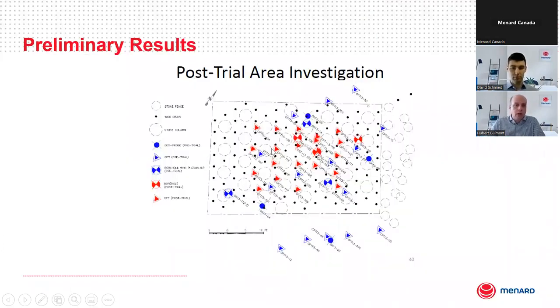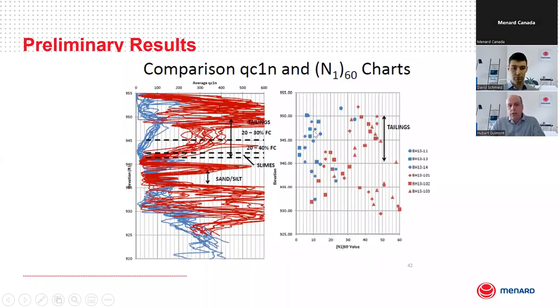Here I'll show you just an overview of the post-trial results. We monitored everything. We did pre and post CPT, and this is a typical set of results. You can see that we're improving everything that's coarser material, coarser tailings.